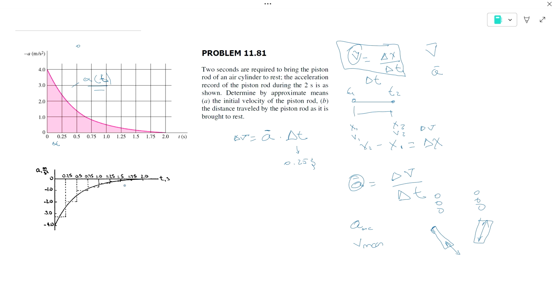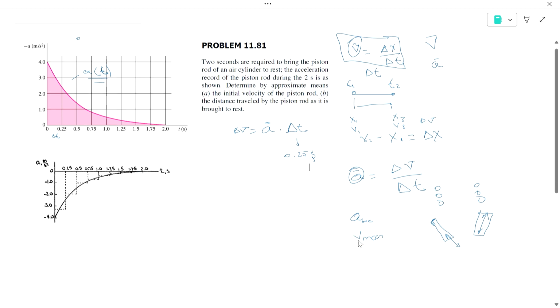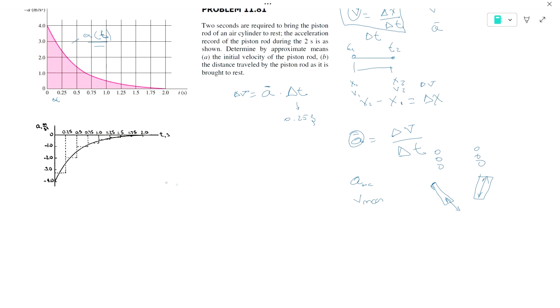All right, so the first thing here is that I'm going to have a table where we're going to have time. So time is going from 0 and 0.25.